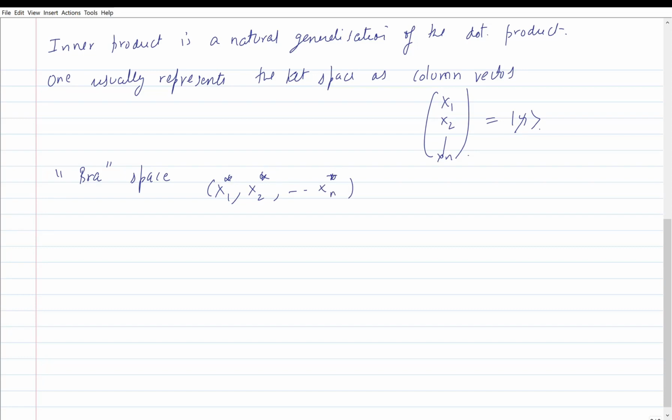So this would be your bra space. What's the advantage of defining the bra space this way? It lets us define the norm or the length of the vector.